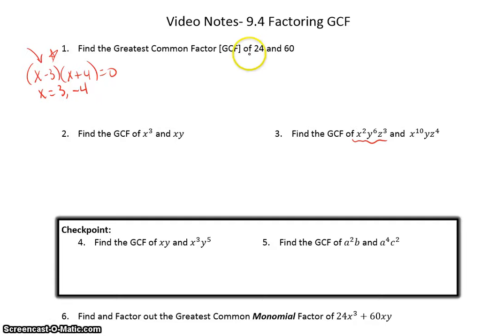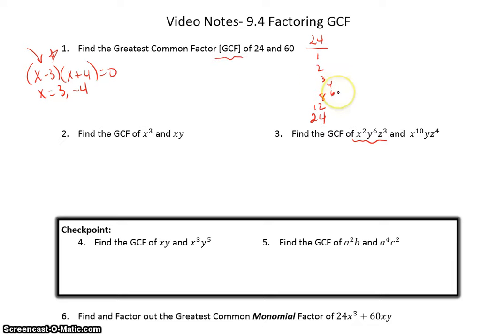The first thing we need to talk about is what is the GCF between two numbers. If you look at 24 and 60, there are lots of different ways to find the greatest common factor. One thing I need you to be able to do is, when we talk about the number 24, at least list all of the factors of 24, such as 1 and 24, 2 and 12, 3 and 8, 4 and 6.